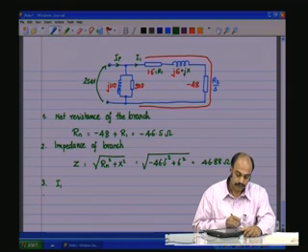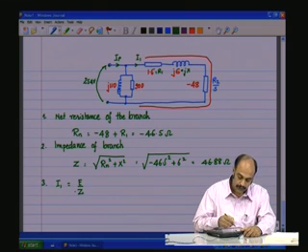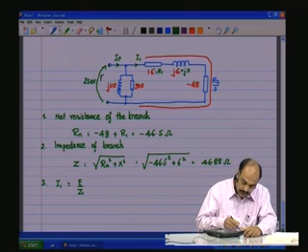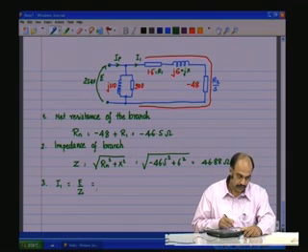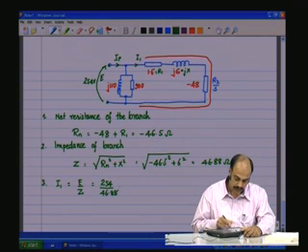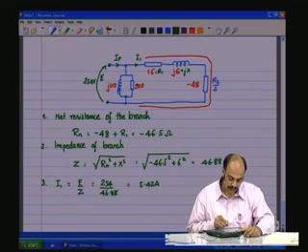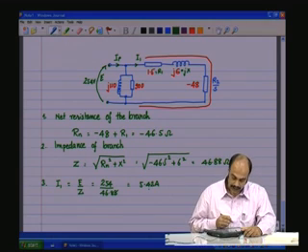I1, the current in that branch, will be equal to E by Z, where E is that, and that will be equal to 254 divided by 46.88, and that is equal to 5.42 amps. That is 5.42 amps.